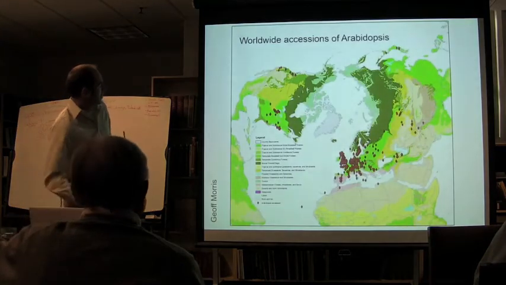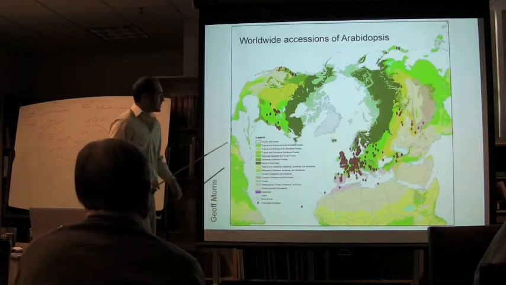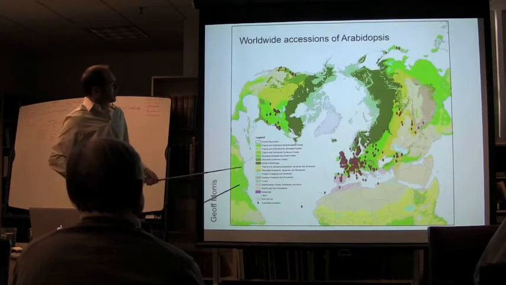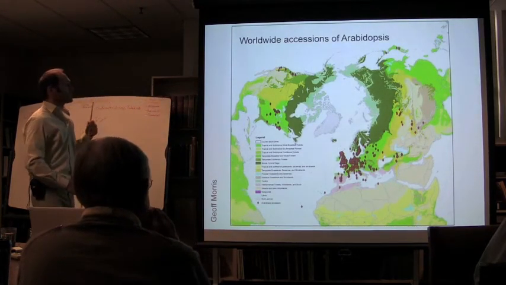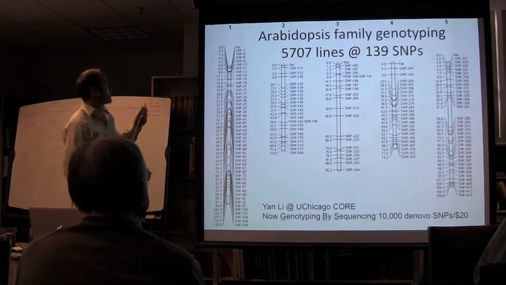Together with Joy Bergelsen and Magnus Nordberg and others, Eric Hollov collected thousands of lines in England, and collaborators in France. We looked at basically the sum total collection of all Arabidopsis lines at a panel of 139 markers.